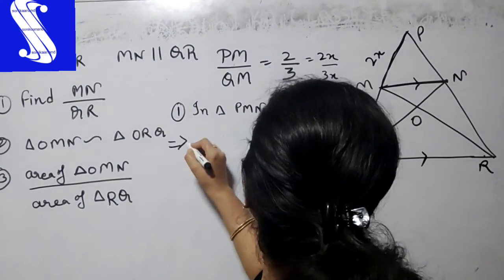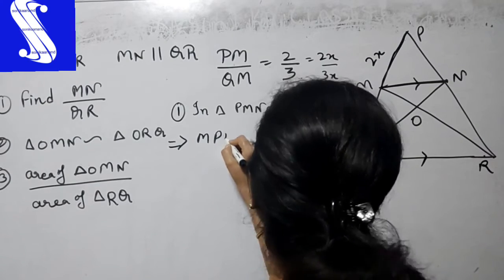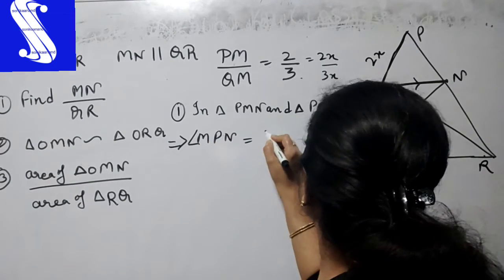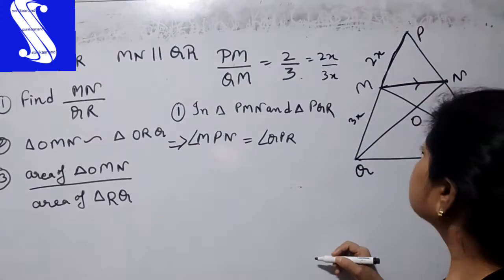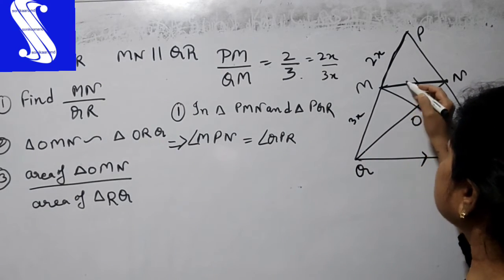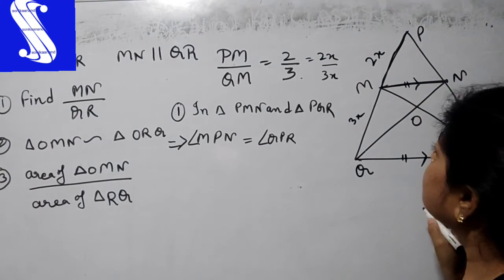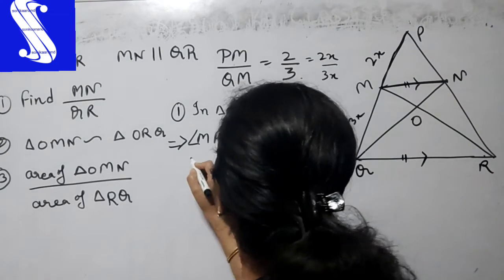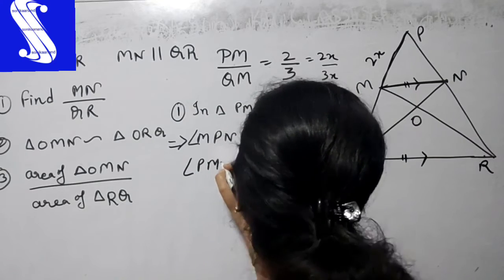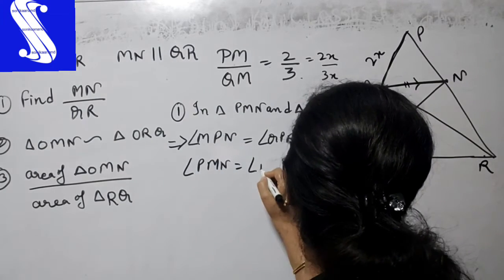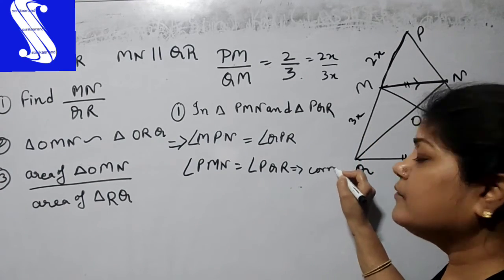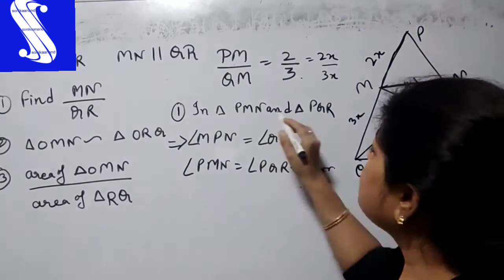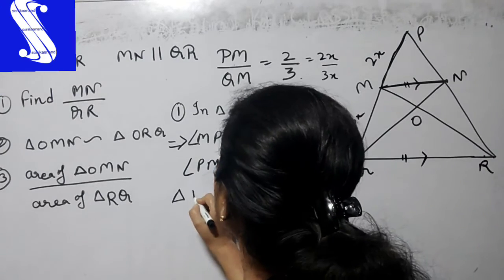Now angle P, that is MPN, is equal to angle QPR, common. Now these two lines are parallel. So angle PMN is equal to angle PQR, corresponding angle. Clear? So these two triangles are similar to each other.